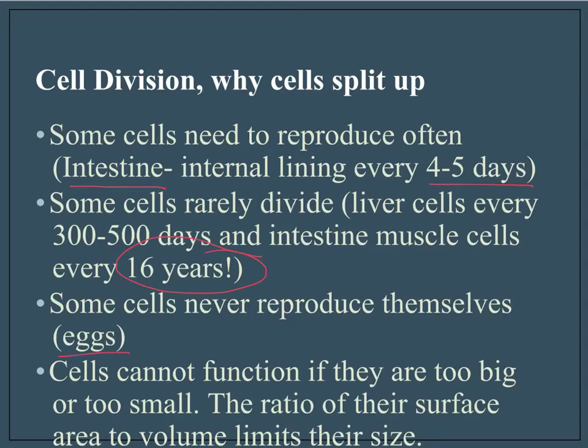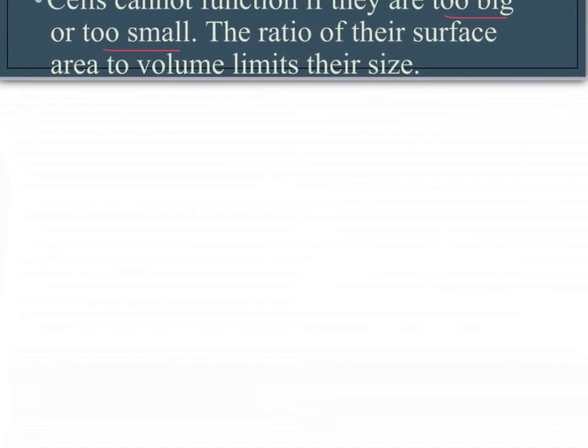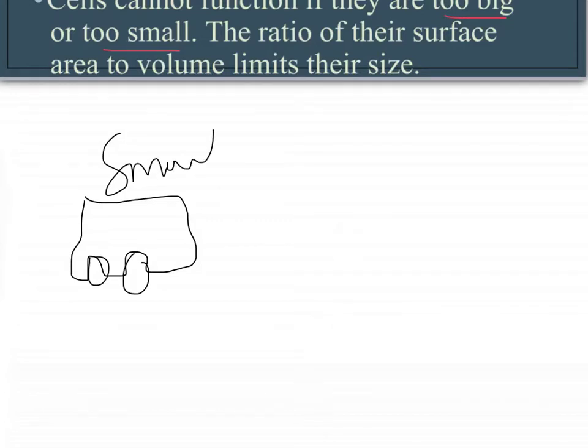Now, this next part is important: a cell cannot function if it's too big or too small. Think about the difference of a Smart car. Those little cars are so little, right? They have exactly enough space for all of the parts.